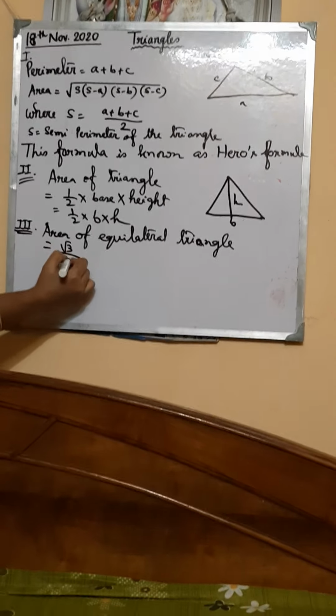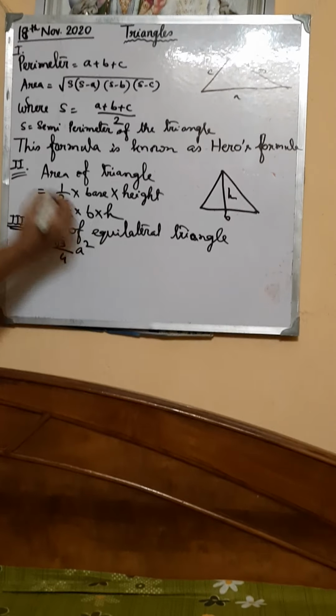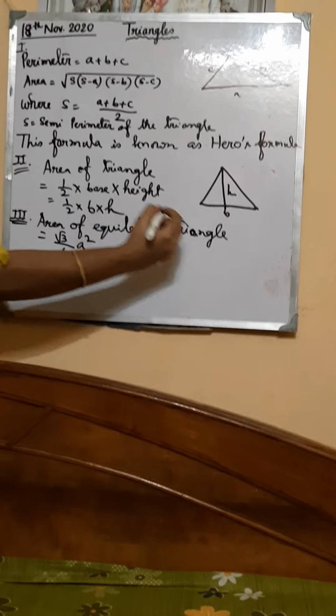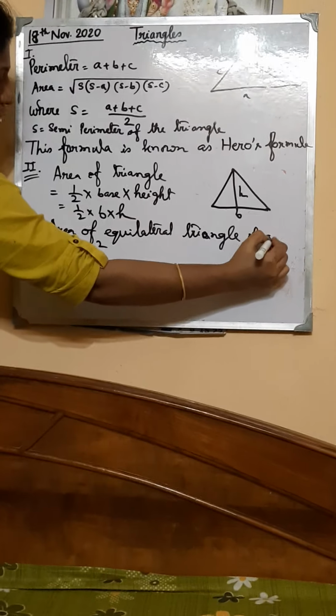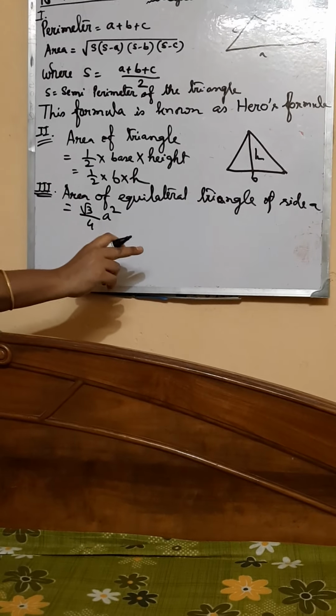Root 3 by 4 into A square. Means each side is A. At that time, A square means side square. Root 3 by 4 into side square.